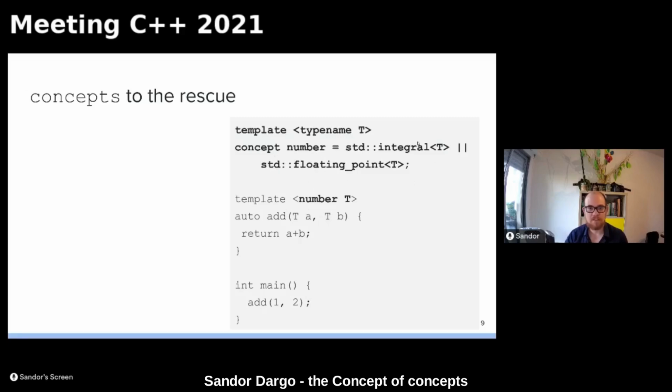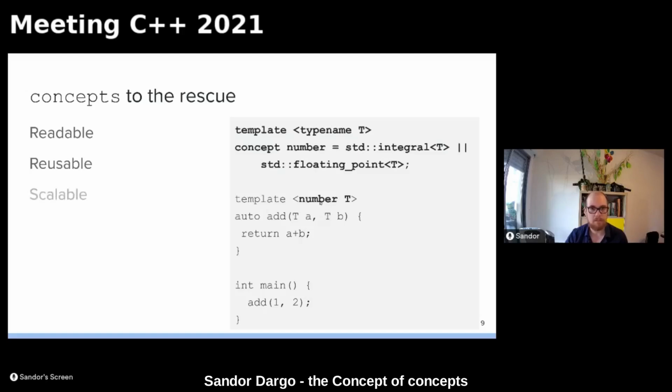So you define this concept, and you can put this concept instead of the type name in the template parameter list. So you can already constrain your accepted types in a very readable way. So it is readable. You see that it's easy to reuse because you can put concept number even in a separate header, and then you include it where you need it, and you just say that you need a number in your templates.